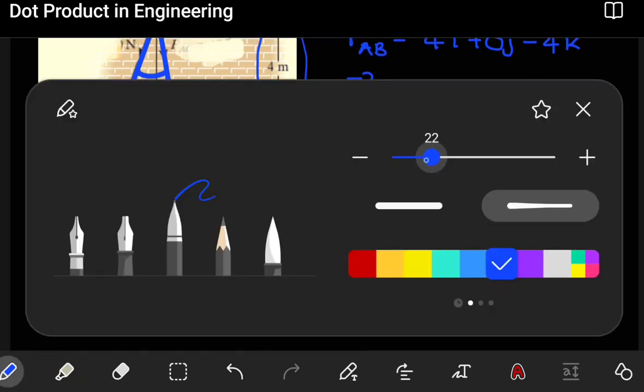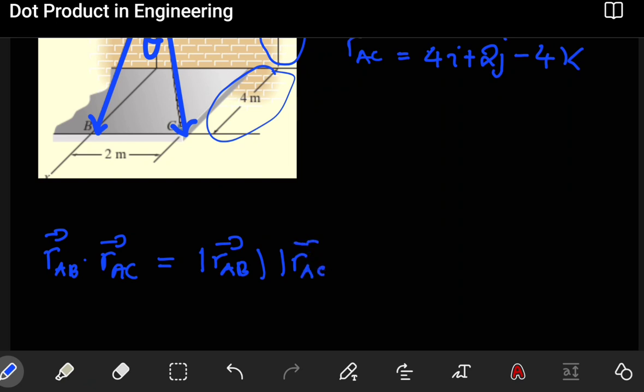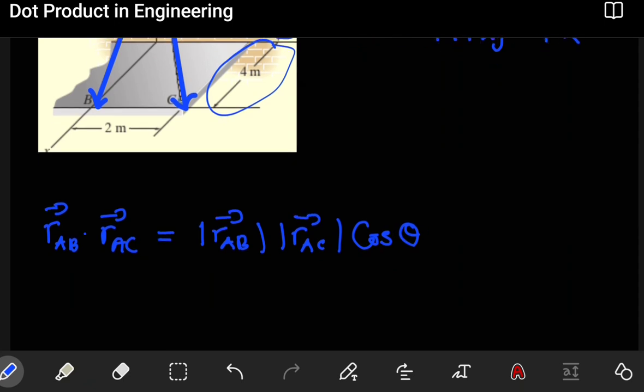From the dot product, what we're seeing here is that the dot product of the vector RAB and the vector RAC is equal to the magnitude of RAB times the magnitude of RAC, then cos of the angle between them. This is the one that we're going to take advantage of. If we wanted to find the angle, we would just have to make the angle the subject.